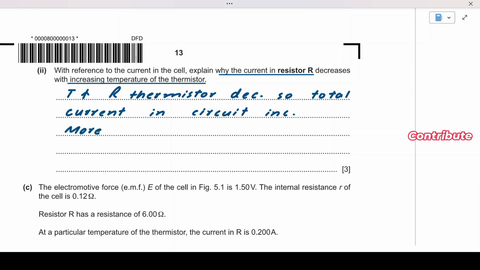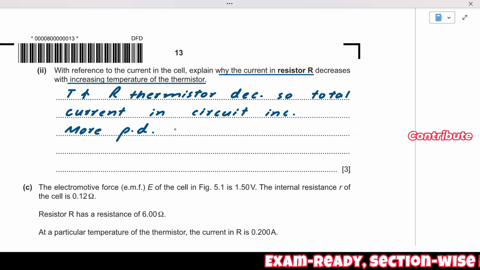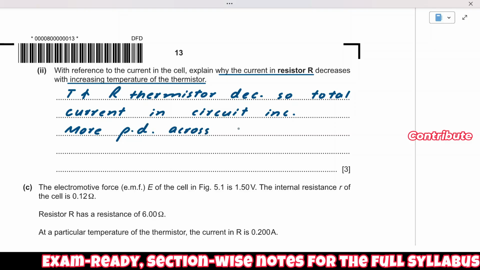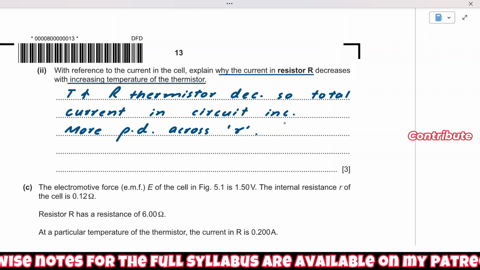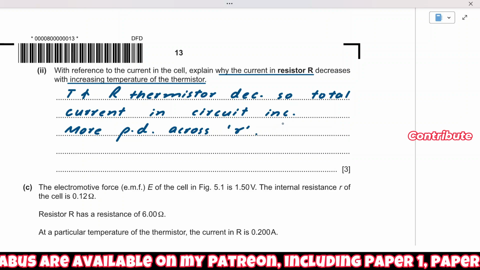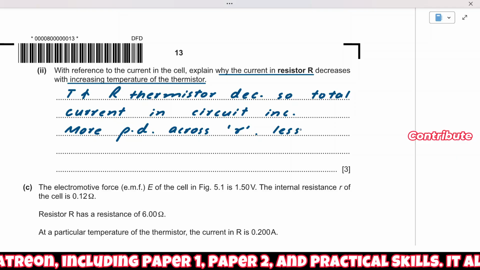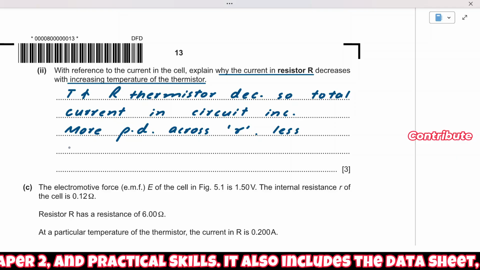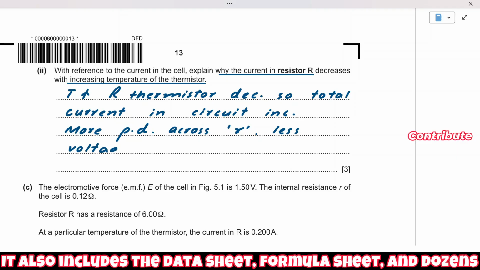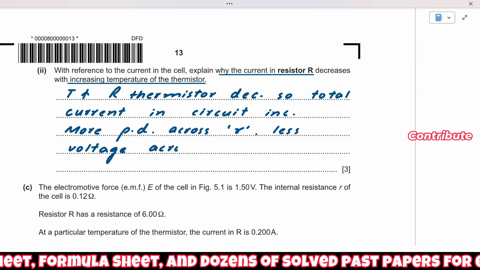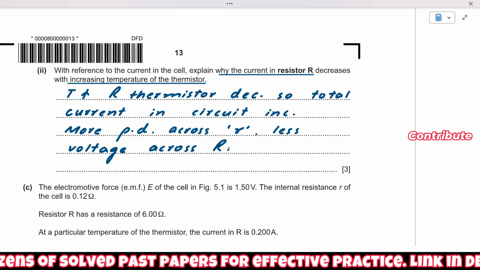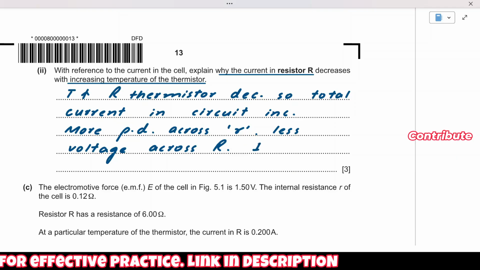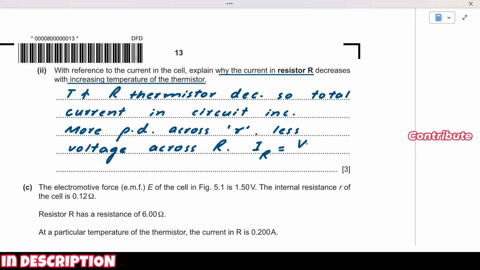More PD across internal resistance r, less terminal voltage, or less voltage across resistor R. So the current in the resistor R is equal to the voltage across R divided by the resistance of R. R is the same, but the voltage across R has now decreased.